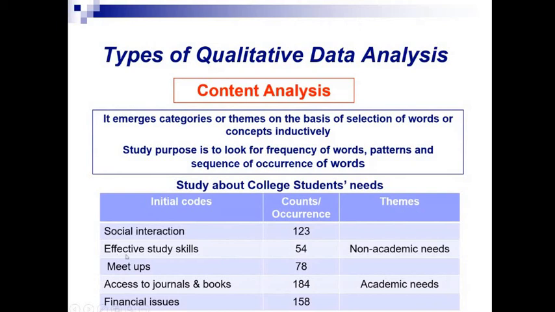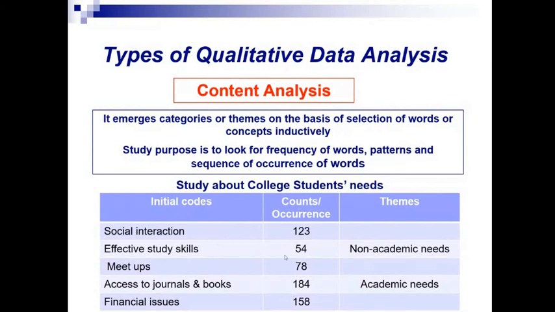So again, in content analysis, it is not enough that we gather codes. It's important that we take note of the counts or occurrences, because this would indicate how many of our participants have similar responses in relation to the codes derived from their responses. A similar rule applies in how we analyze content analysis.